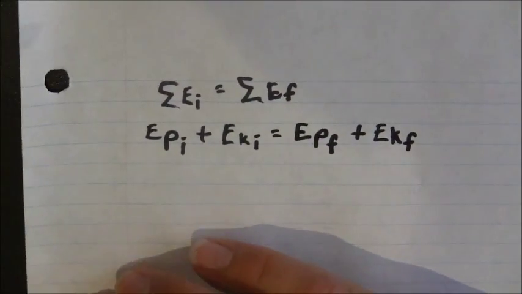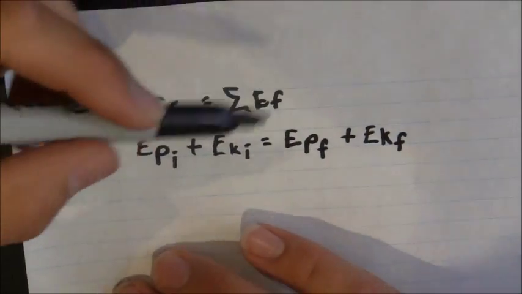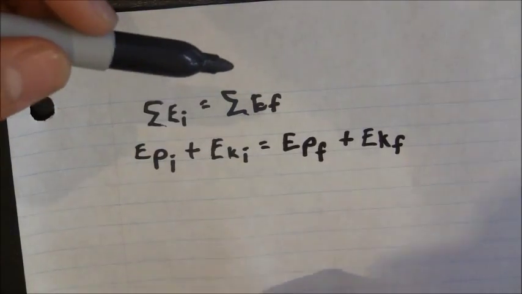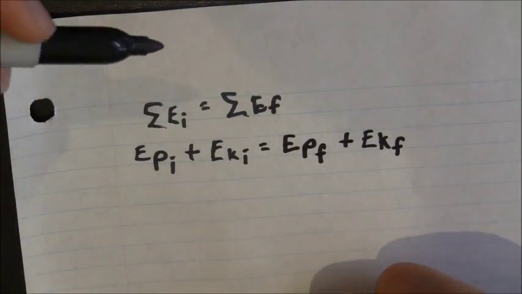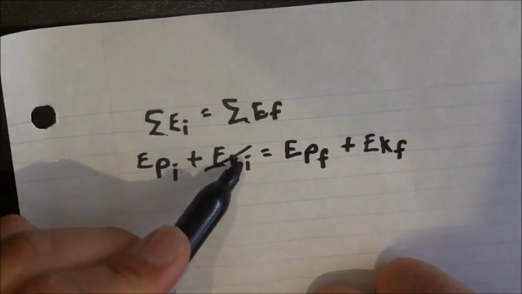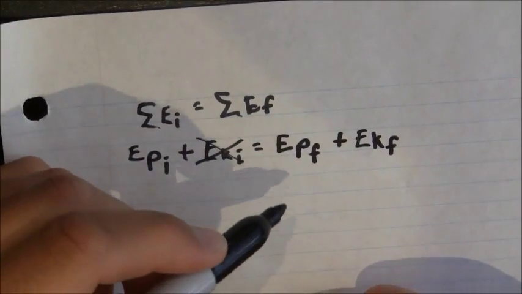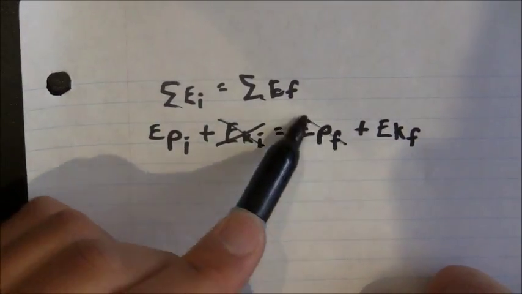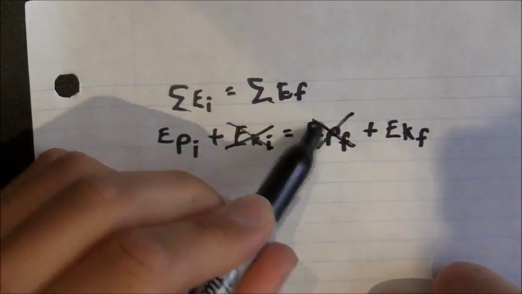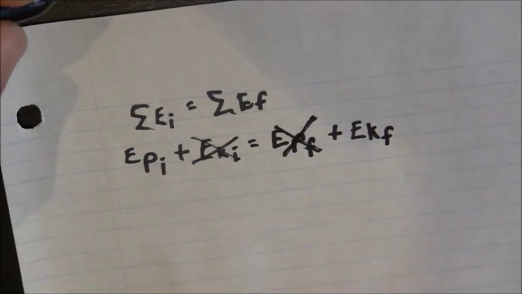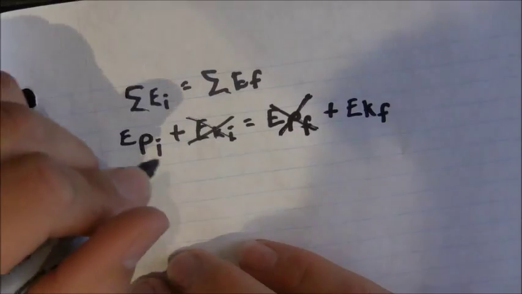We can get rid of 2 to start with. It has no kinetic energy at the top because it's sitting still. It's full of gravitational potential energy. So we can get rid of that right away. And there's no potential energy at the bottom because it's been all converted into kinetic energy. So we're left with these 2.